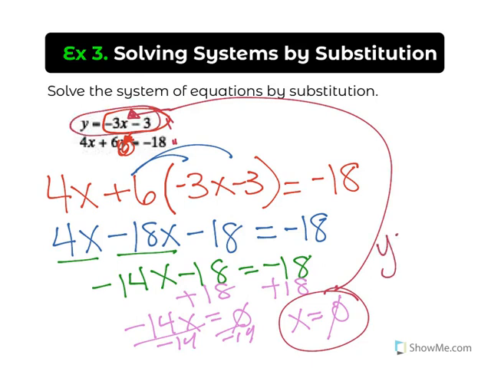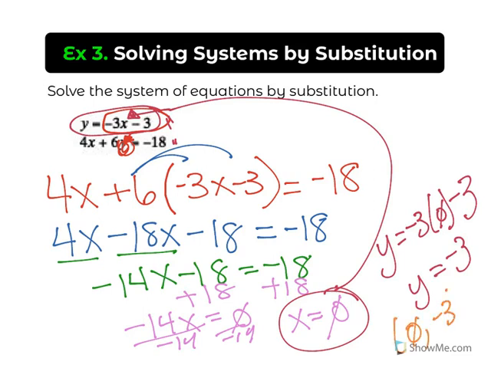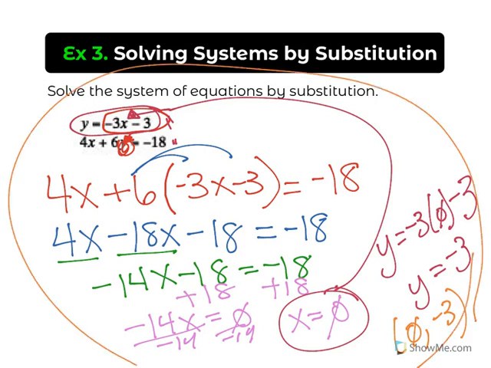So that gives us y equals negative 3 times 0, minus 3. Negative 3 times 0 is 0, minus 3. Y equals negative 3. And our answer is 0, negative 3. Notice all that work, folks. Gotta see it in your assignment.